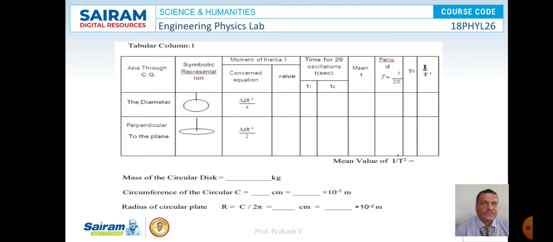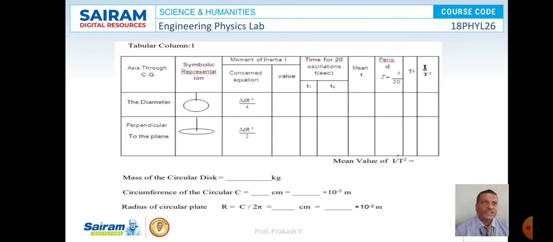The period of oscillation will be calculated by measuring the time for 20 oscillations in 2 trials, taking the average time for 20 oscillations, and dividing it by 20. The period is calculated for two cases: one where the axis passes through the center of gravity, parallel to the diameter, and another where the axis is perpendicular to the plane of the object.